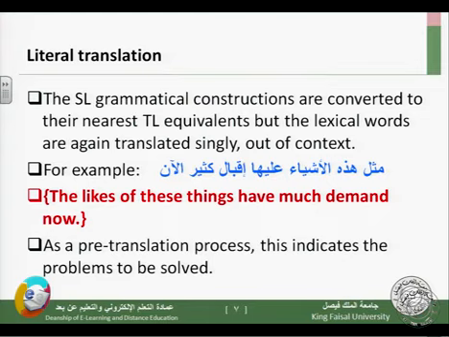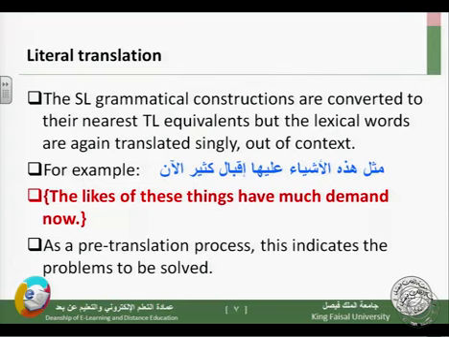But still, the lexical words are translated singly. It means one by one, out of context. You use the grammar, but the words don't make sense a bit. But let's see this example.